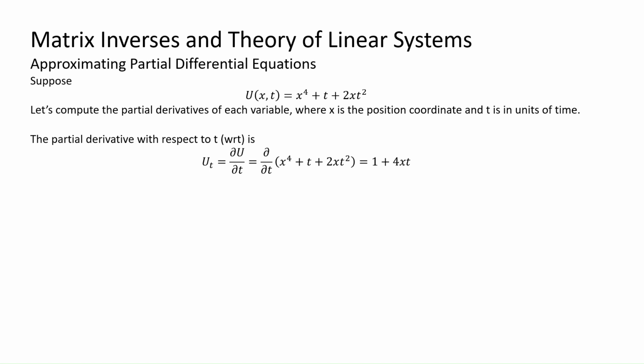You have the partial of t, also written as partial u partial t, is equal to the derivative of u with respect to t, and it's a partial. The little almost 2 looking thing here designates the partial, and here's the function. So this term is 0, this term is 1 when you take the derivative, and then here, using the power rule, the 2 times 2 gives us the 4 that you see here, and the xt left over.